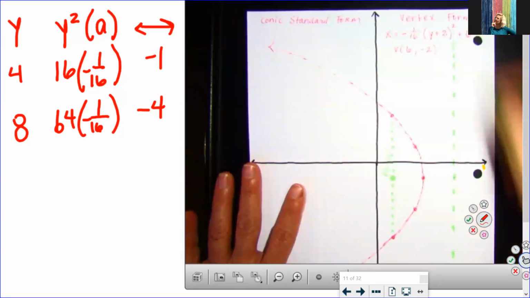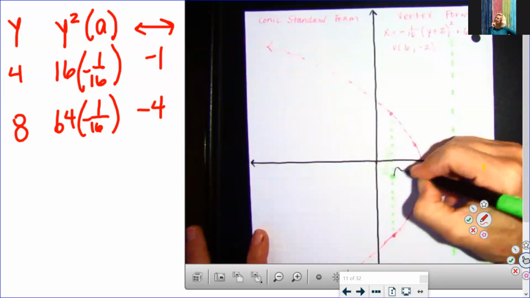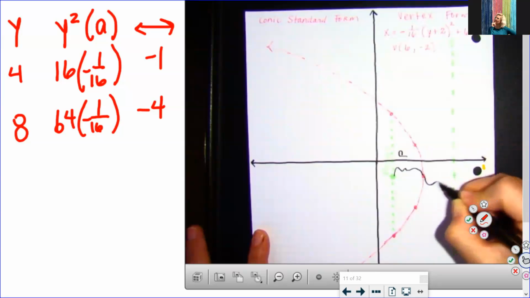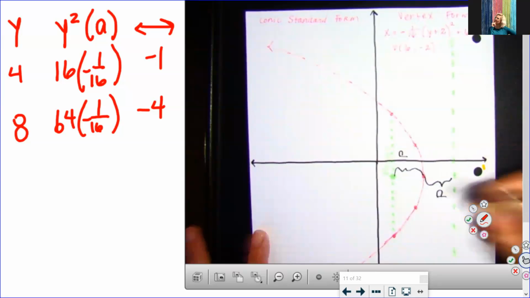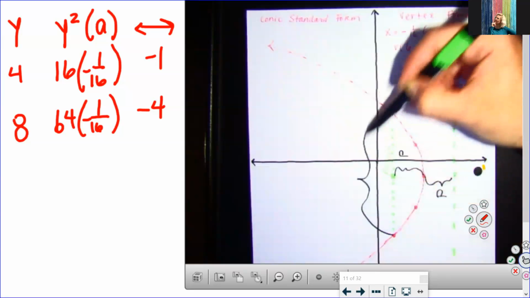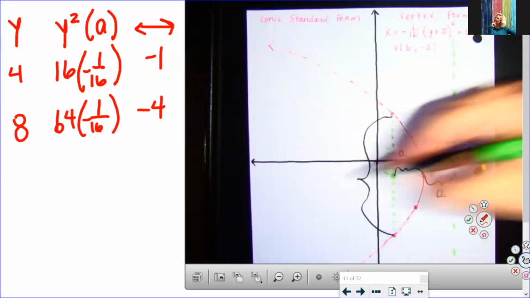We're going to write all that vocab down, I promise. So what is our best friend in conics? It's this measurement right here. P. But this isn't P. How many P's is this? Almost. Sorry, P.